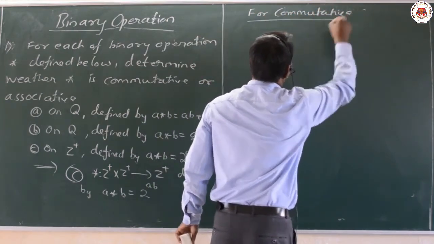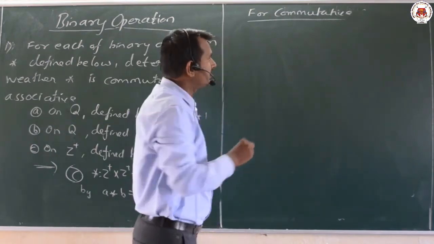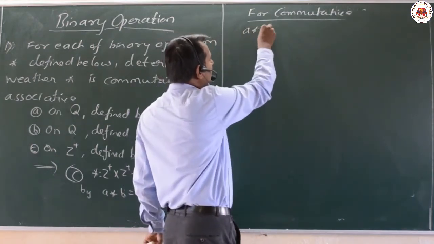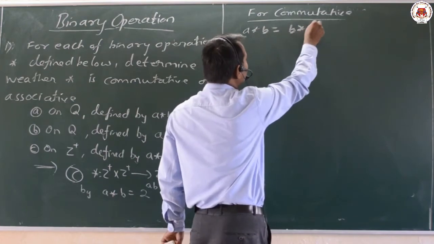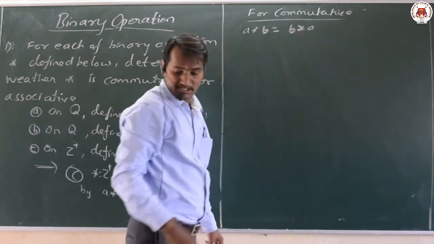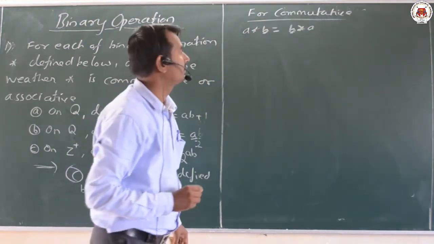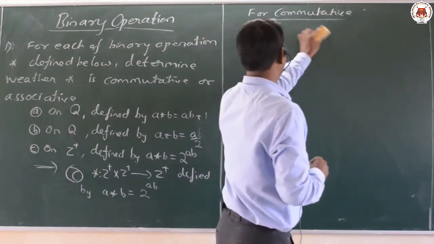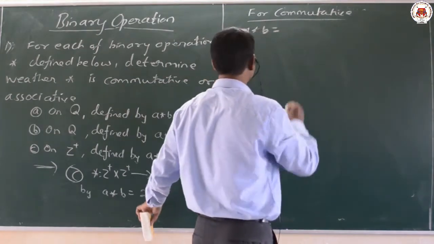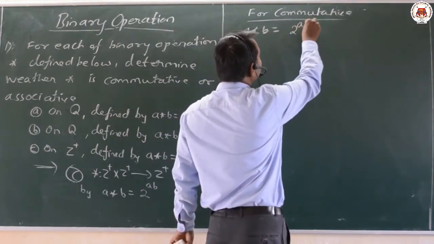Now, what does commutative actually mean? That is nothing but A star B equal to B star A, which we require to show here. So first of all, A star B. We have defined A star B equal to 2 to the power of AB.